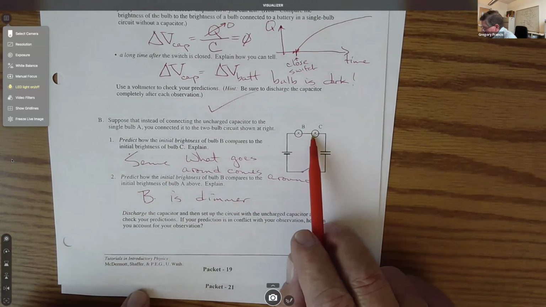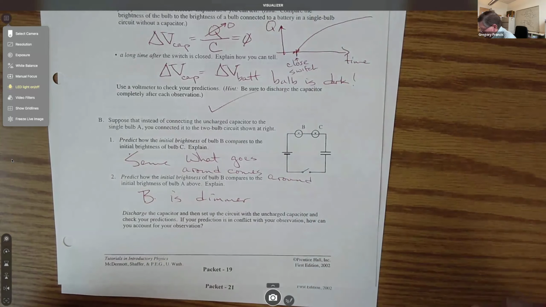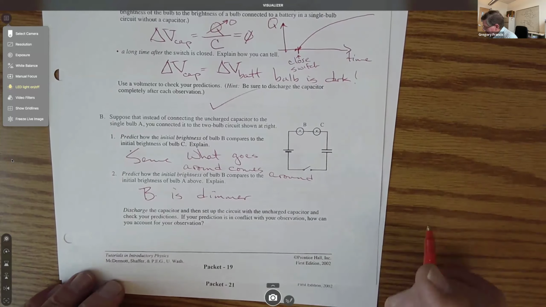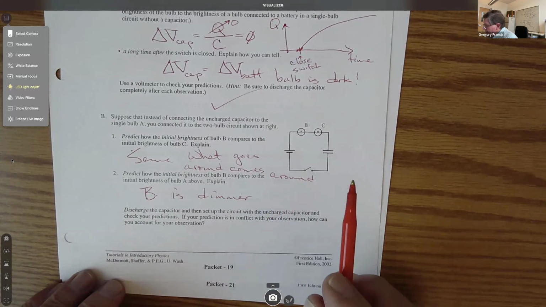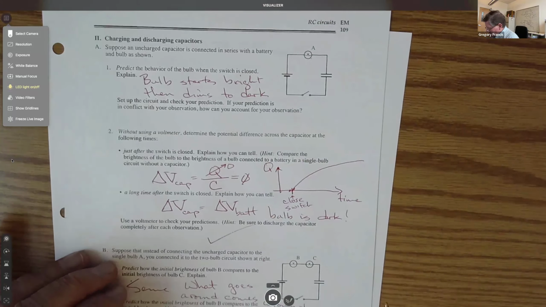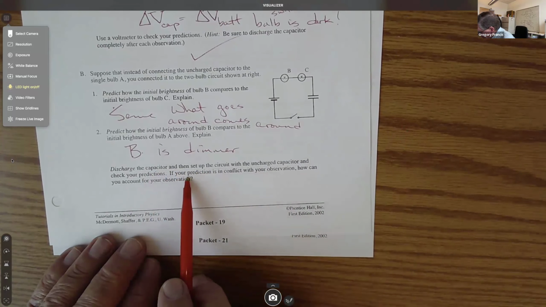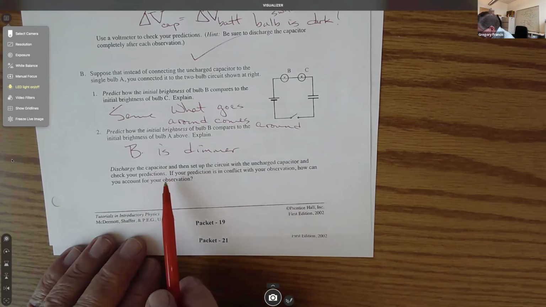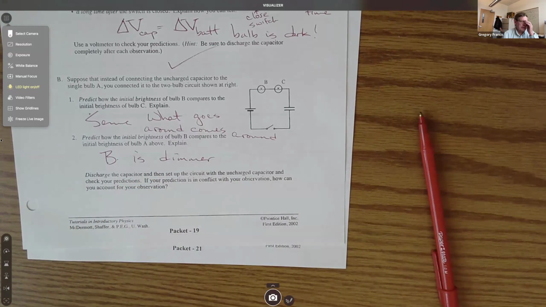And so two bulbs in series are going to have less brightness than a single bulb. They each have half of the voltage of the battery across them, whereas a single bulb has the full voltage of the battery across it. Now we're going to discharge the capacitor and then set up this circuit with the uncharged capacitor and check our predictions. So let's do that.